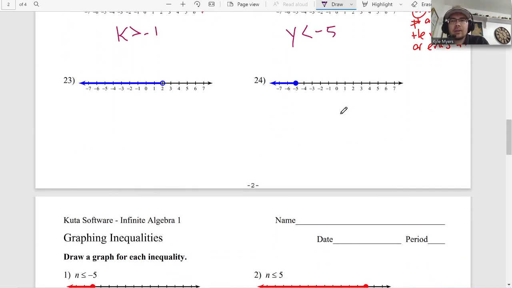So we do K-Y, okay, next would be L, and I don't like L's because they look like ones, so I'm going to do a cursive L, and then less than, and then it's an open circle, so I don't add the bar, and it starts/ends at 2. And then E. E, less than, closed circle, add the bar, -5, and we're done.